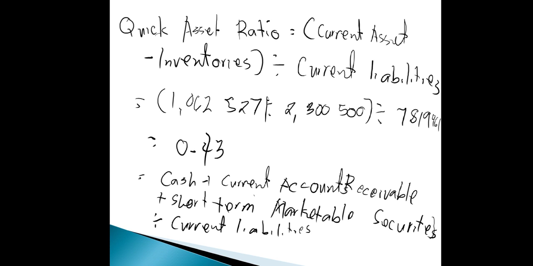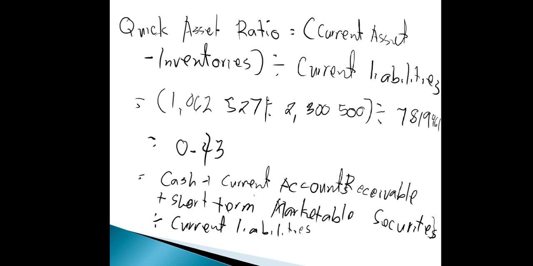So this is the formula. We have two formulas, so just use any of the two. Cash plus accounts receivable plus short-term marketable securities divided by current liabilities. As you can see in the table that I've sent to you last time, there is no accounts receivable. When that happens, you can use the trade receivable.